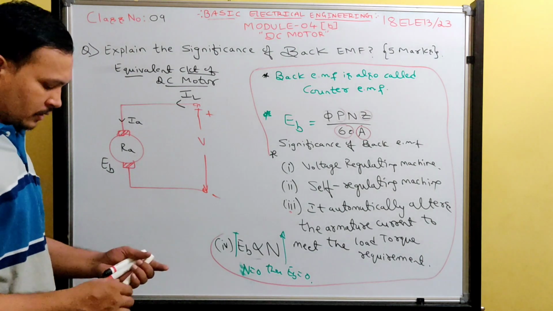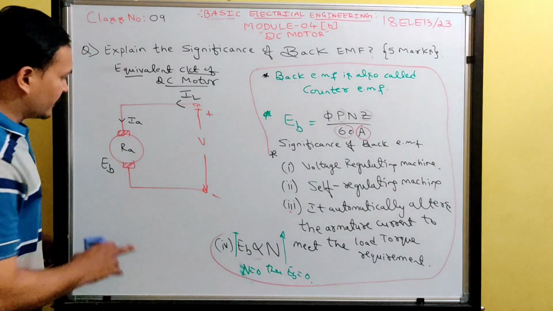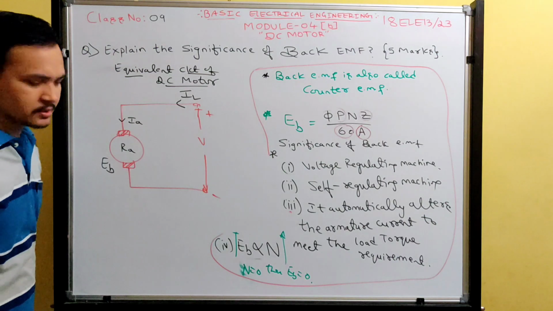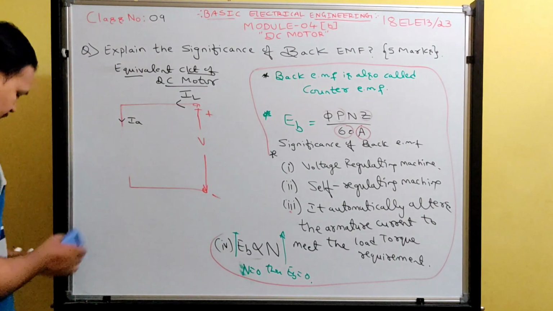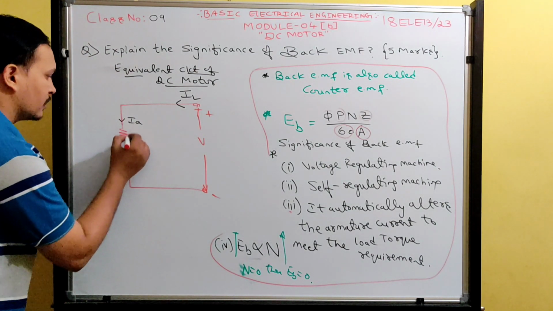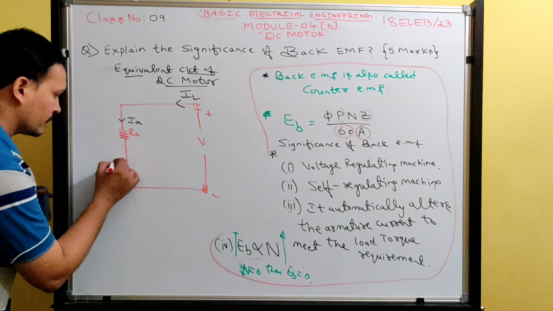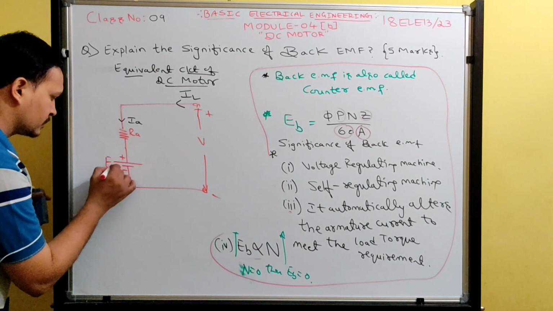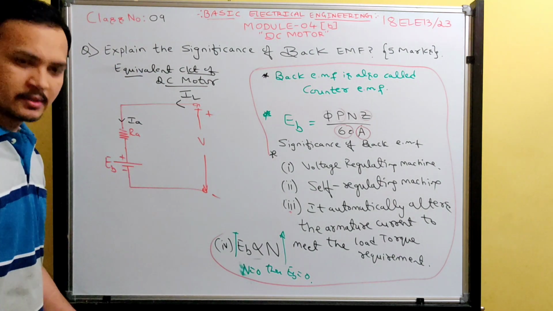Now the equivalent circuit is just replacing them with a resistor and back EMF, similar to an electrical circuit. So I will erase this, and then I will write the resistance. This is the armature conductor resistance. And in the motor, back EMF will be produced, plus, minus. What is this? Back EMF. See, this is called the equivalent circuit.